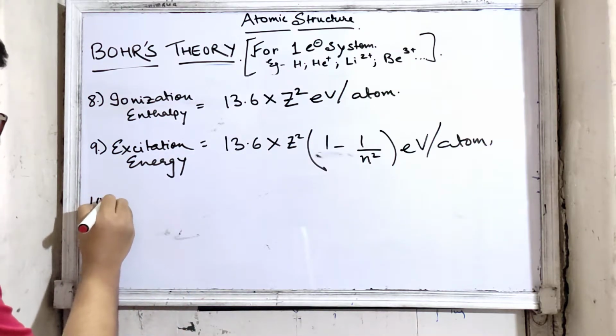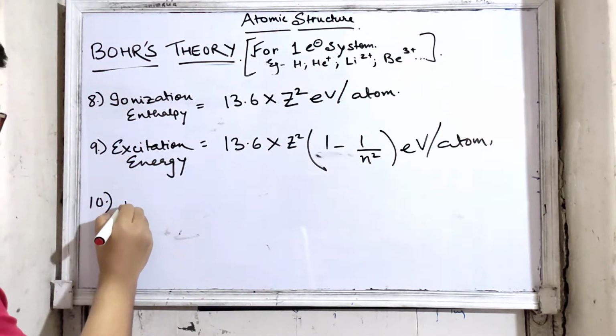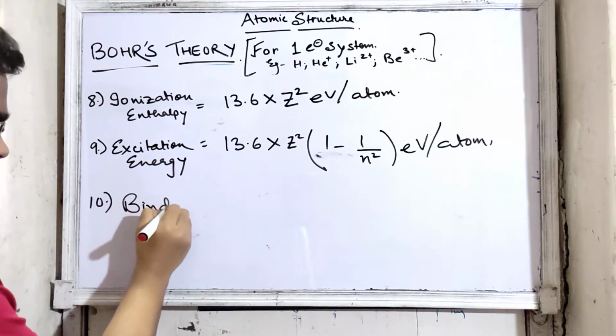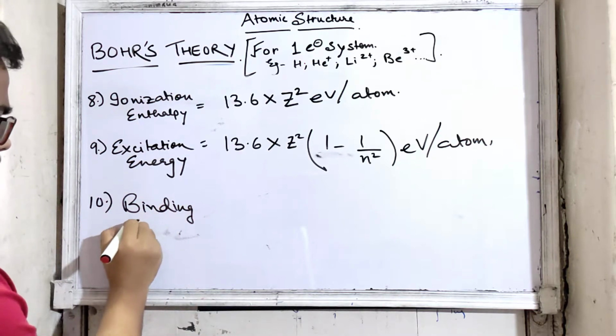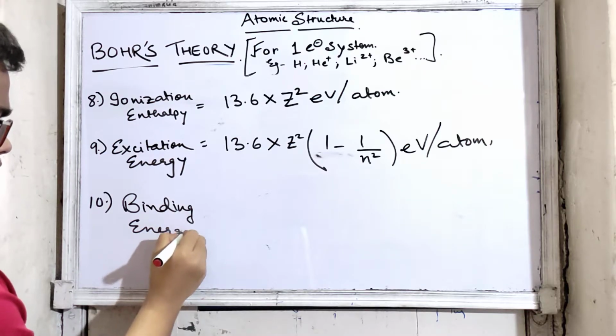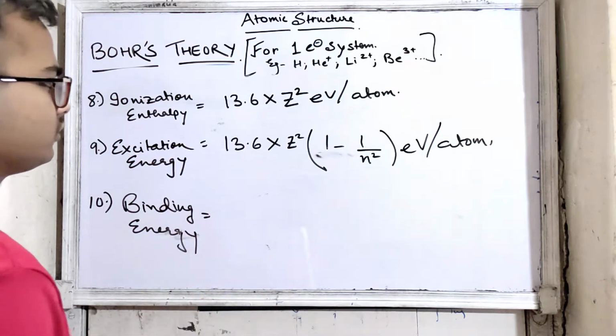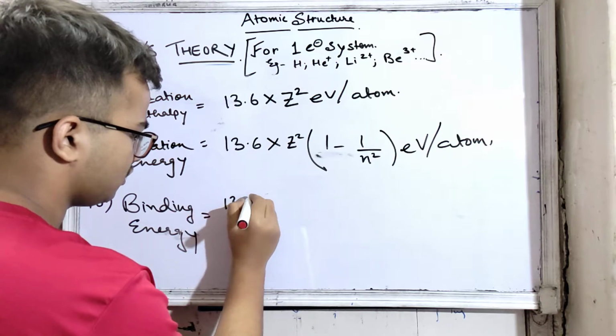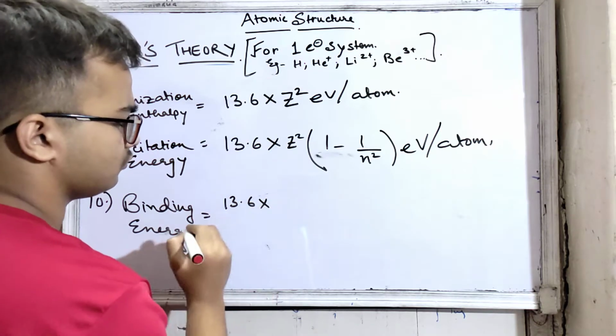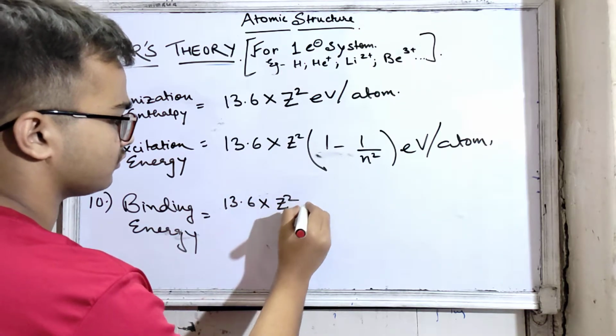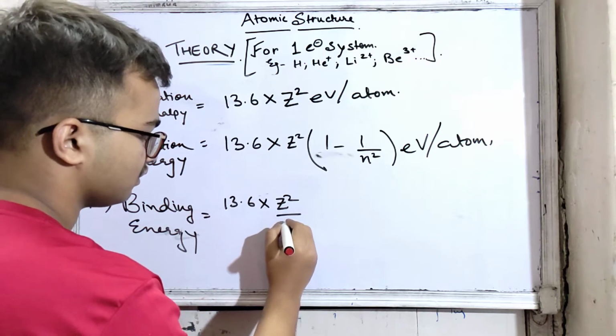And number 10 and the last one is your binding energy, which is equal to 13.6 into Z square by n square.